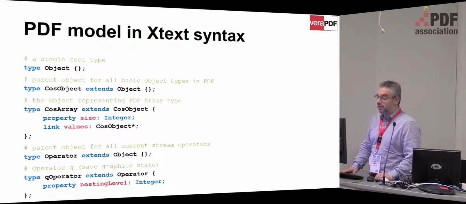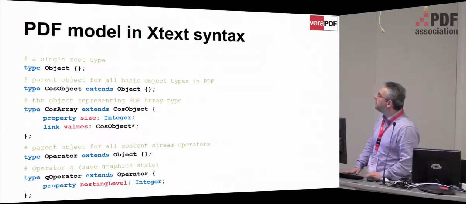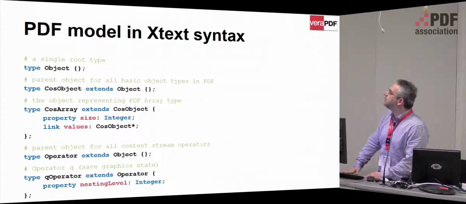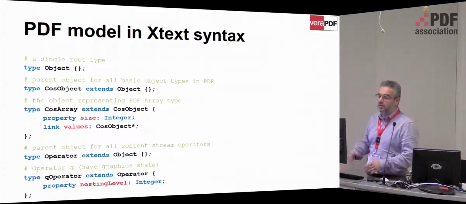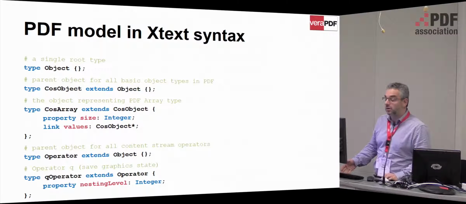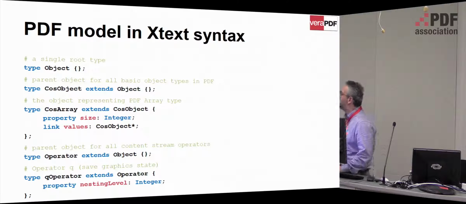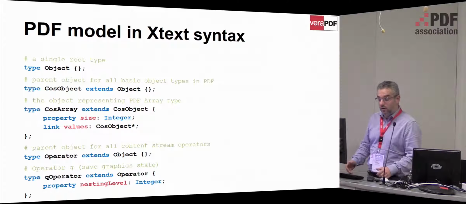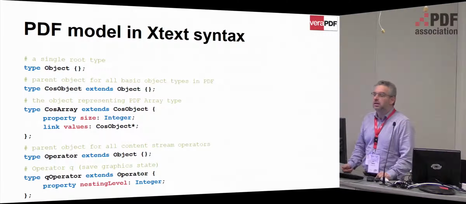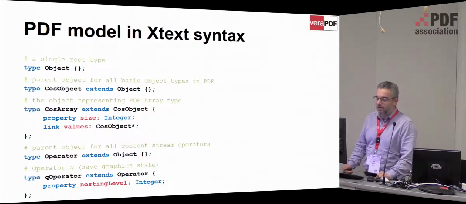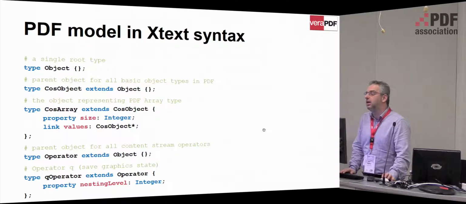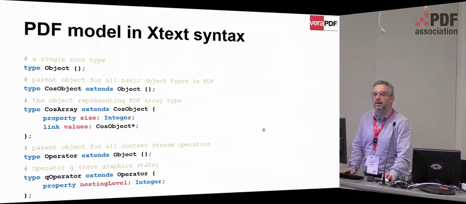Each object has either some properties, like the COS array has a property size, or it has further links to other object types. For example, an array is composed of COS objects of whatever type. So this is encoded in a relatively small, easy to read and well documented syntax, accessible to everybody who has ever written any line of code in any programming language.